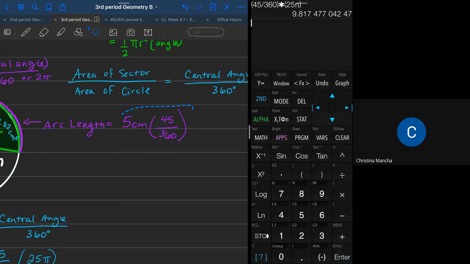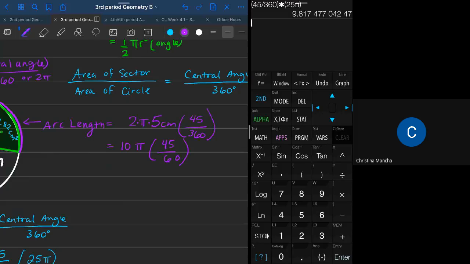So let's go ahead and move this here. And we'll have 2 times pi times 5, and then times 45 over 60. Okay, so here 2 times 5 is 10. So 10 pi times 45 over 60.